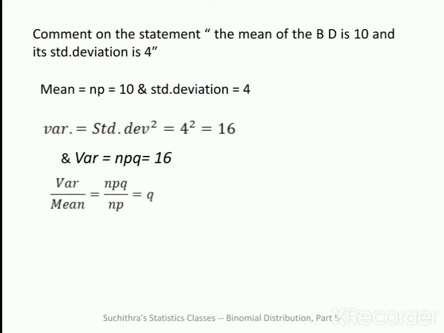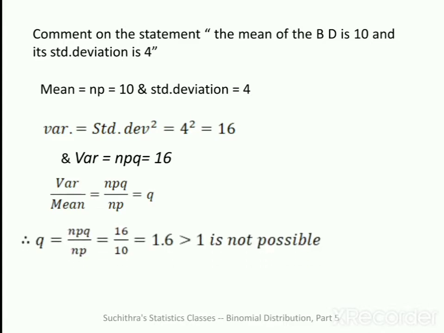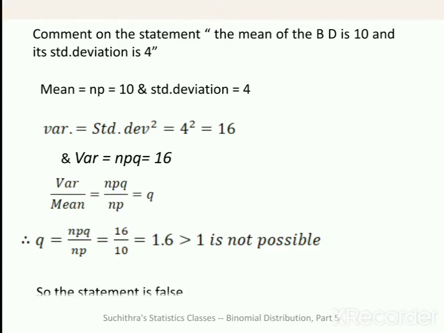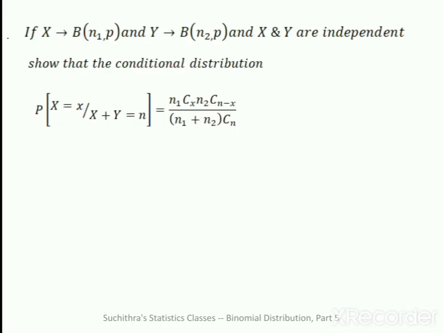Divide variance by mean, that is npq by np, you get the value q. So q is equal to 16 by 10, that is 8 by 5. Q is a probability, it cannot be greater than 1. Here q is greater than 1, so it is not possible. So what's the conclusion? The statement is false.